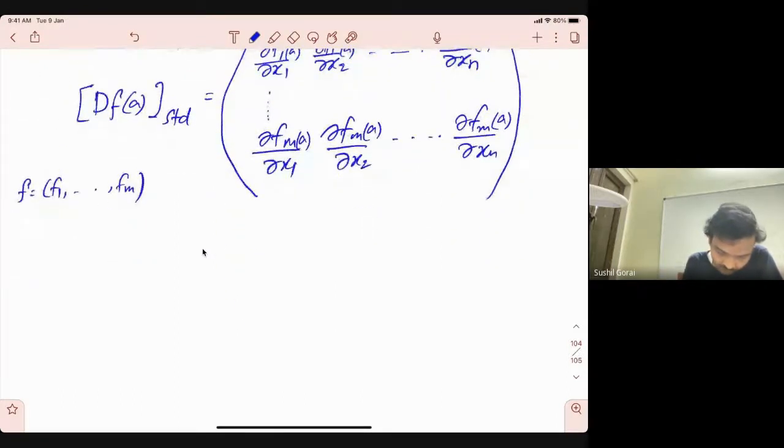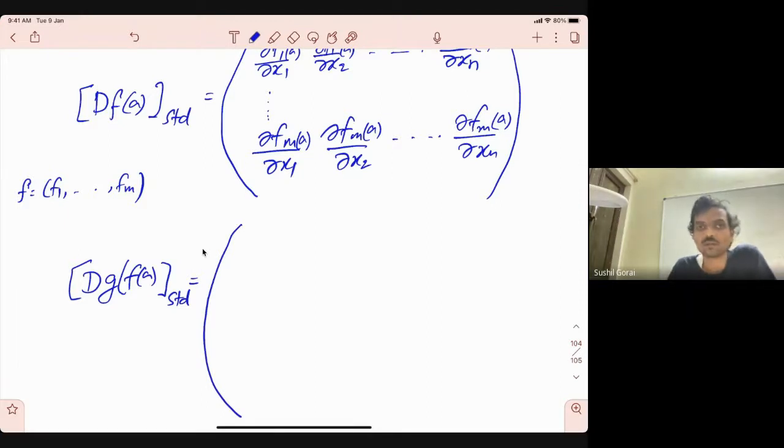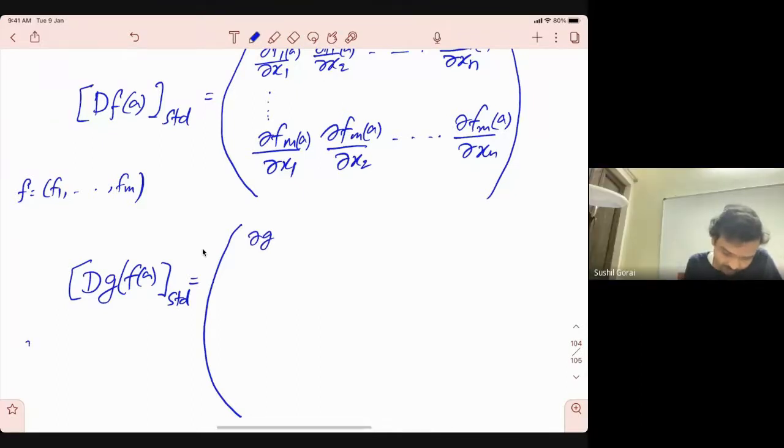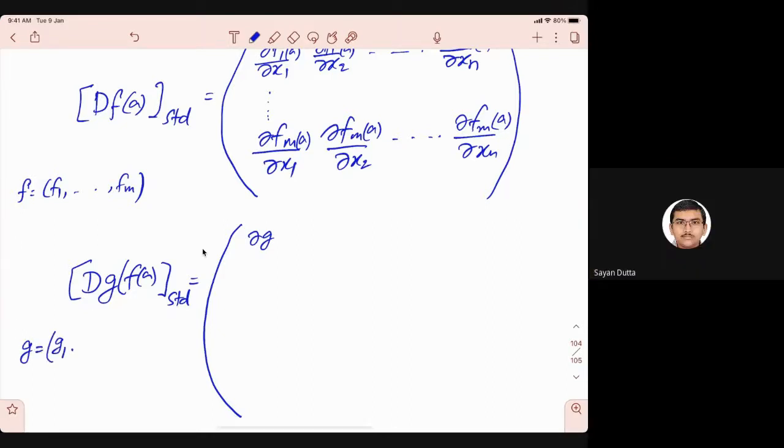And so, what is dg at f(a), the matrix with respect to the standard basis? It is del gi by del xj calculated at f(a). So G has how many components?